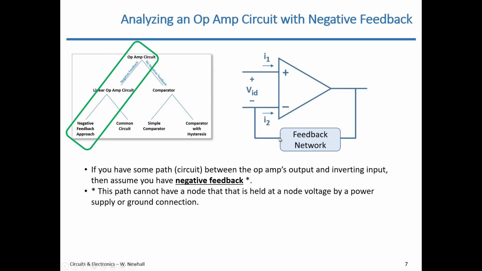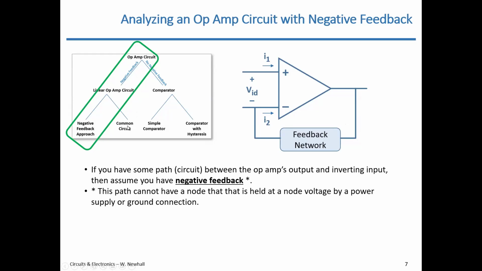So if there's something in here that just keeps the left side from changing voltage as the output voltage changes, then you don't have negative feedback. I'll point out some examples of that, but generally, if you have some connection between the output and the inverting input, you have negative feedback. And then that means you have a linear op-amp circuit, right? You've gone down the left side of this tree here.